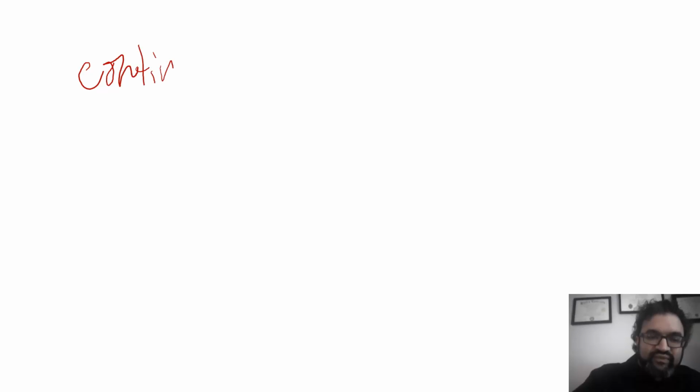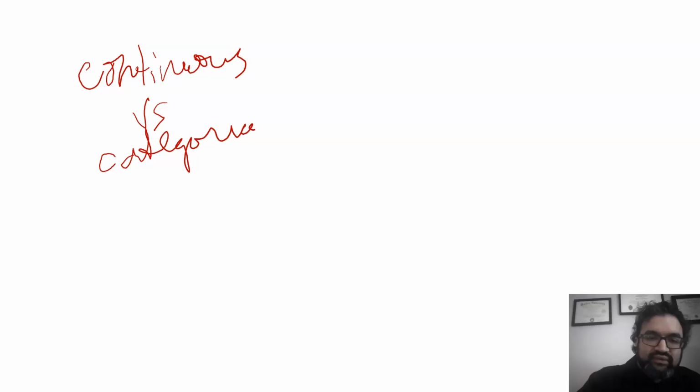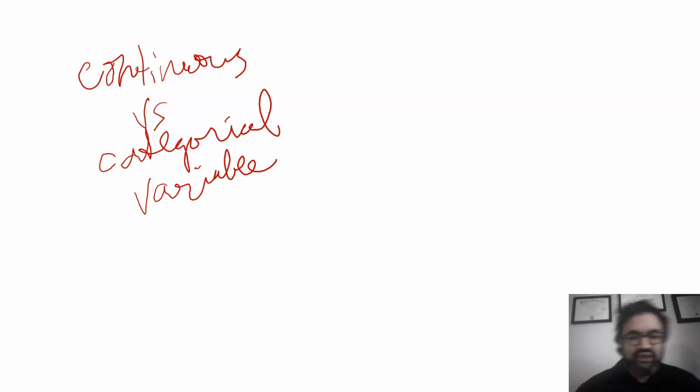So for starters, if we're thinking about a continuous versus a categorical variable, can you think of the type of figure that is most appropriate in this situation?